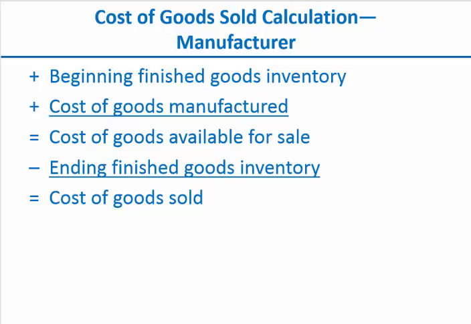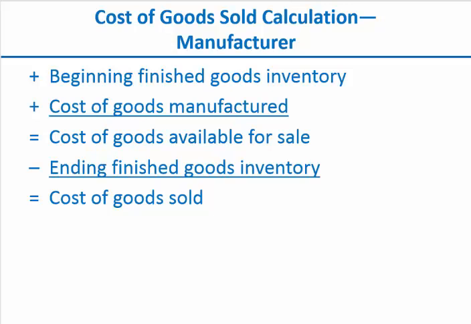So now I've walked you through the raw materials inventory, to work in process inventory, and finally finished goods inventory. We have talked about all three inventory accounts and also many other accounts involved in this long process calculation.